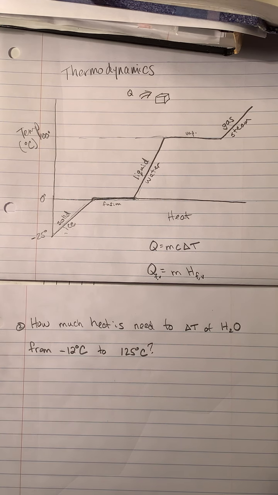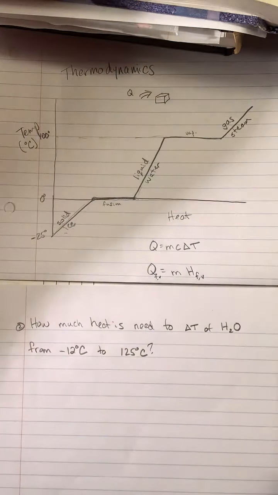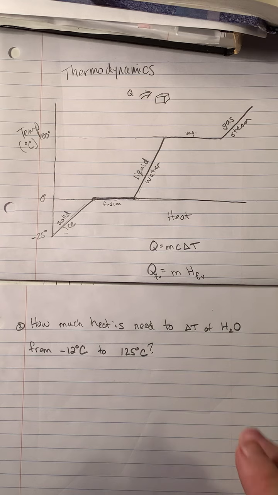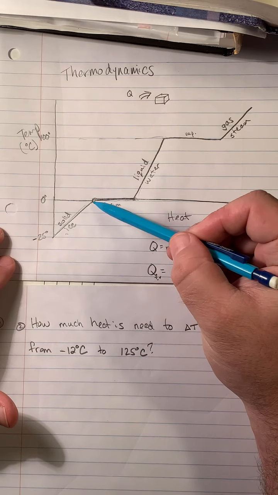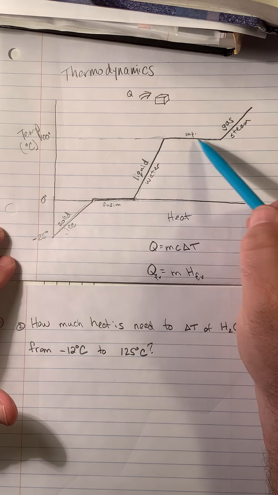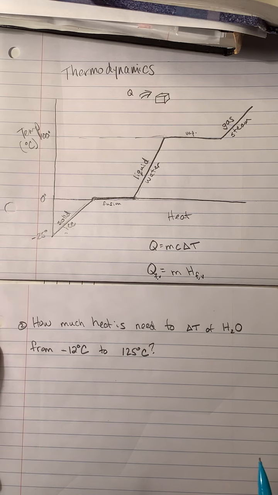A couple of things you got to keep in mind here is that we're going to be going from here to here to here to here and all the way up into steam. So we got a lot of heats to require here.